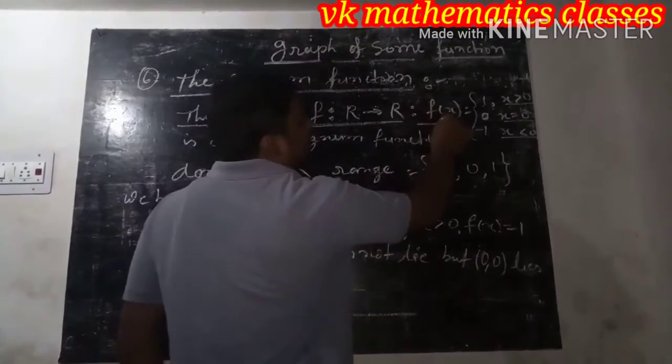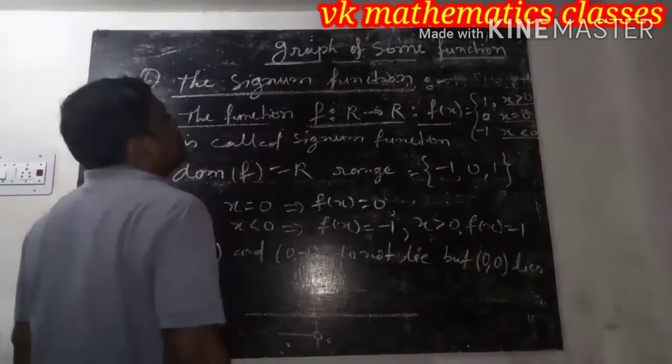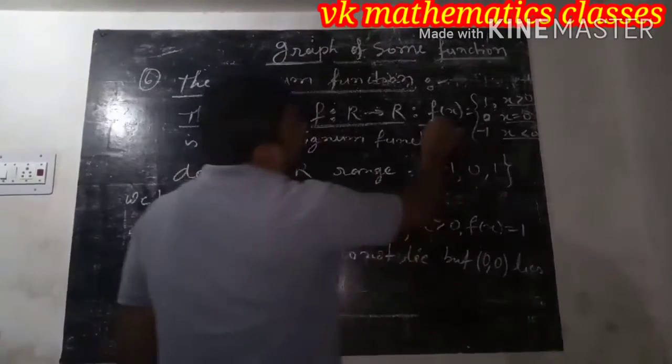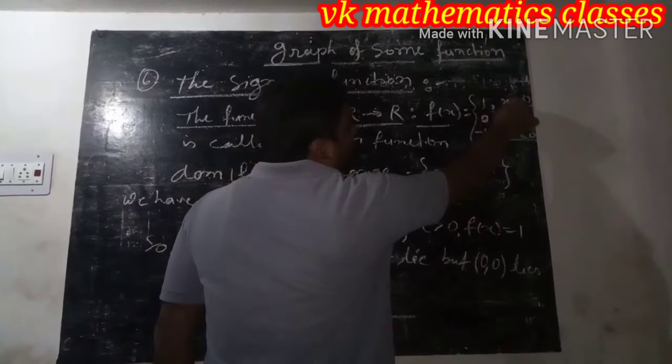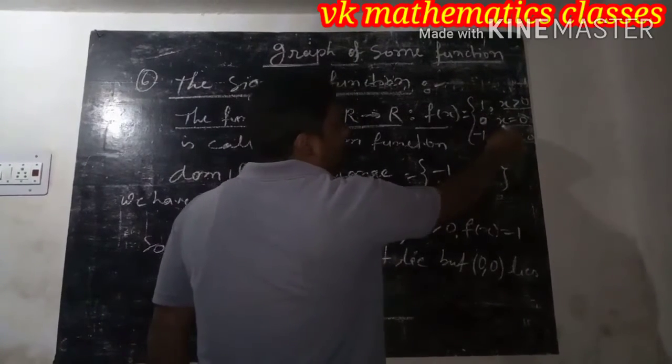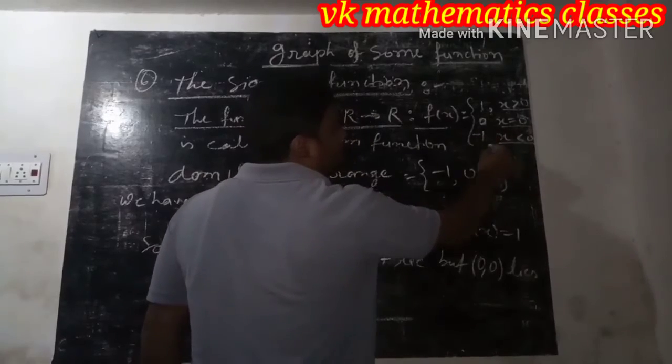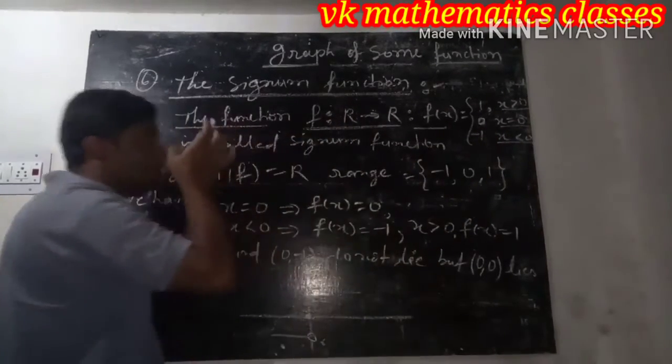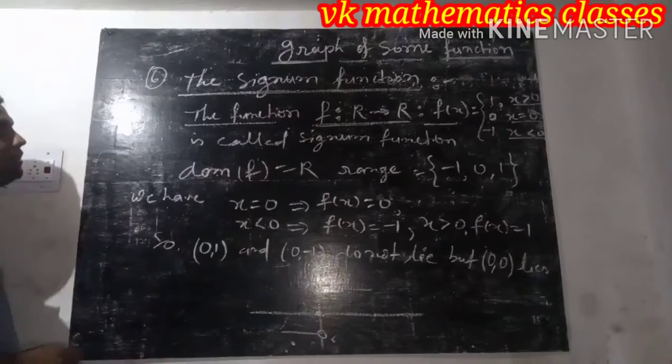Therefore, this function is known as the signum function. Here f(x) is equal to 1 if x is greater than 0, equal to 0 if x is equal to 0, and -1 if x is less than 0, and is called the signum function.